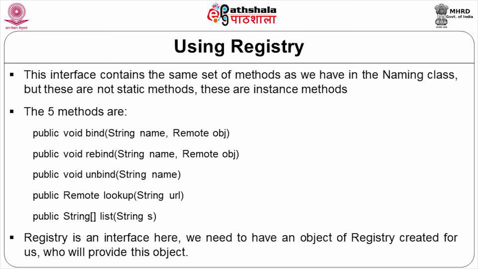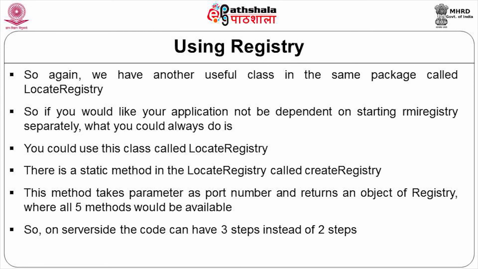It's an interface here. So another useful thing here, we need to get some object of Registry somehow. Who will provide us that? For that, again in the same package, we have a class called LocateRegistry.